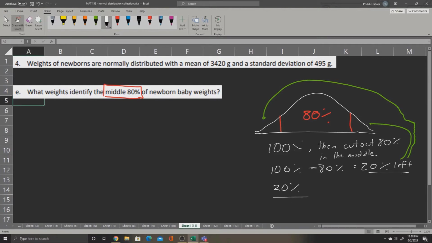So we will cut it in half by dividing by 2. So 20% divided by 2 would give us 10%. In the left-hand piece of this graph, we have 10% of the results. And then on the right side, we also have 10%.